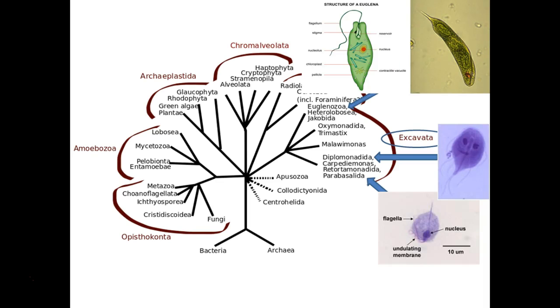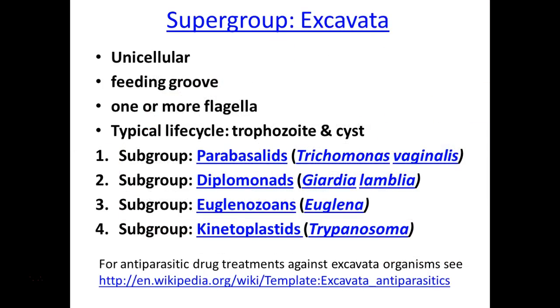And then up in this branch, we're going to look at Euglena. And this you could find in pond water. It's not parasitic. And then we're going to also look at Trypanosoma. So this group, what they have in common, and again, you don't have to memorize this, but it's good to get a general idea why these guys group together. They're all unicellular. They're single-celled organisms.